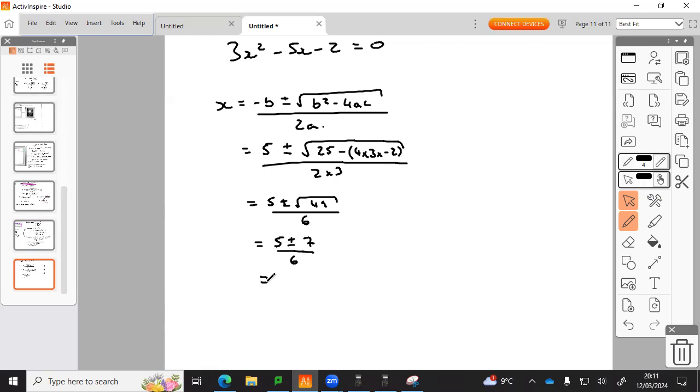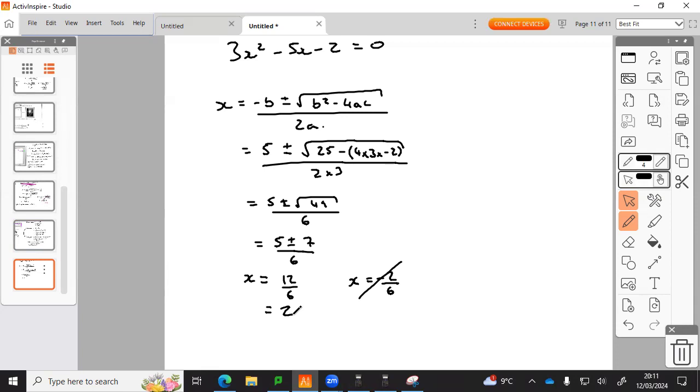So 5 plus 7 is 12 over 6. 12 over 6 would give you 2, and that does actually give you the right answer.